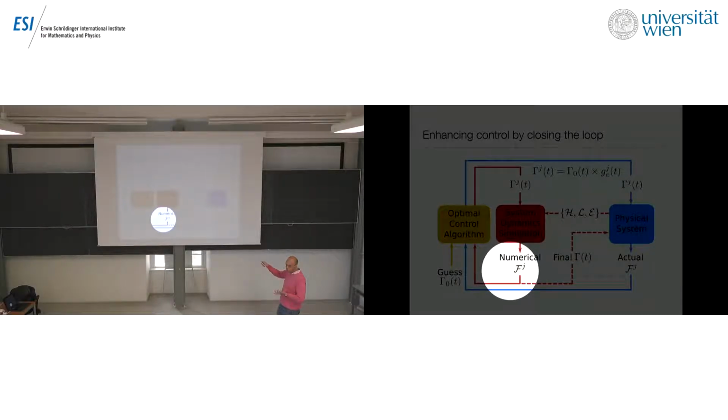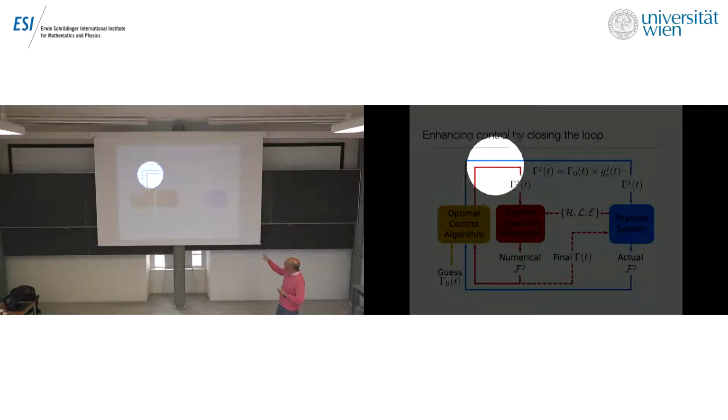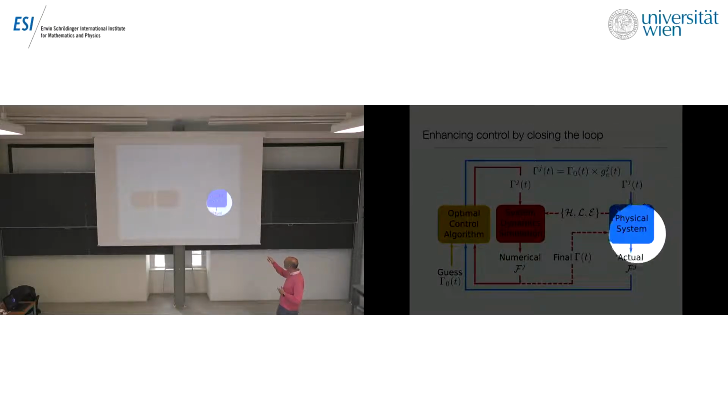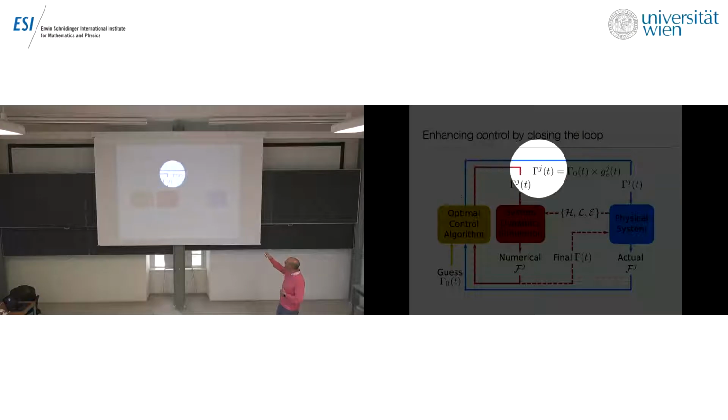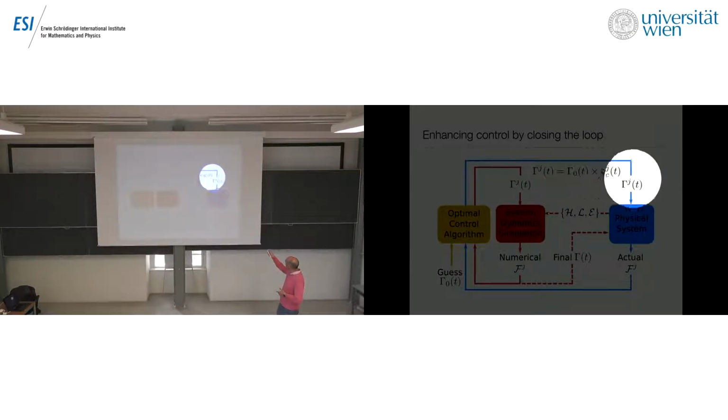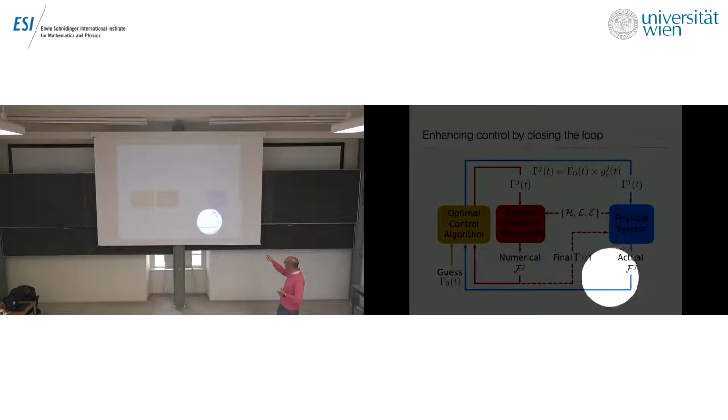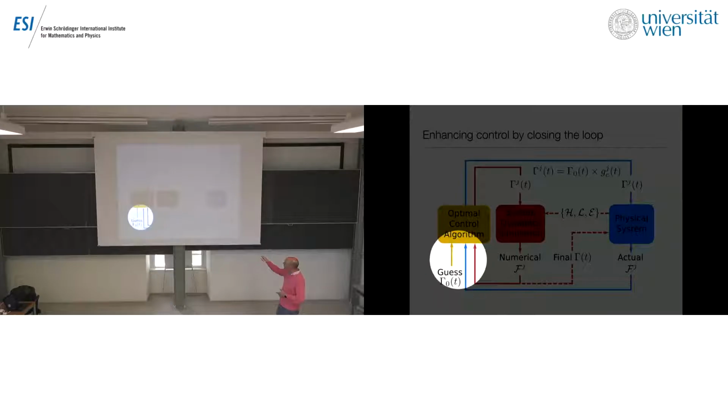Instead, I can also say, okay, now I want to test it on my system, and this is closed loop in the sense that the loop is closed onto the actual physical system, and then I try with my either optimized or guess pulse, which is maybe the result of some theoretical optimization or just my guess. I apply to the system, I measure the actual figure of merit, and then I go back.